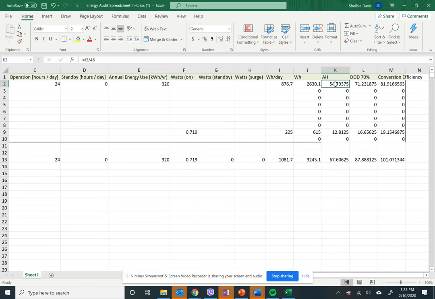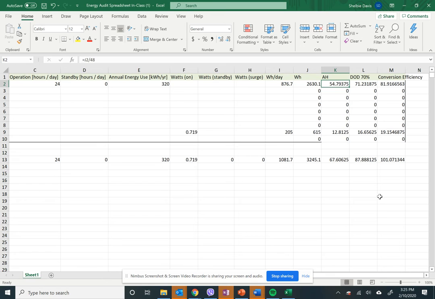Remember, amp hours is how we measure the size of a battery. So you could stop right there and say, okay, cool, that's the Whirlpool fridge contribution as far as load.